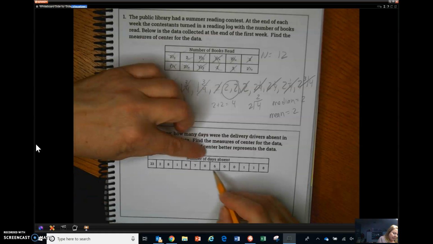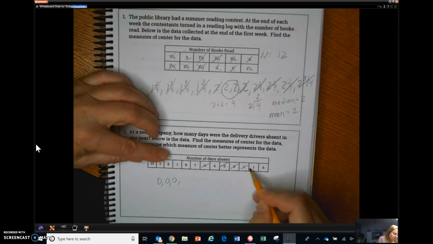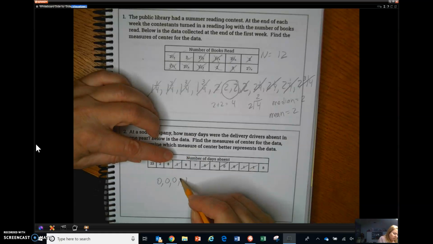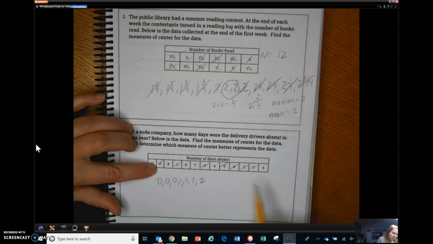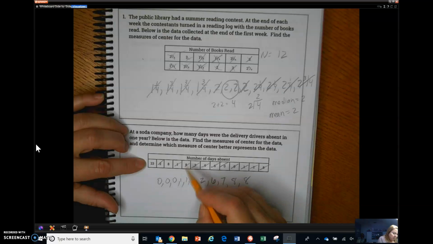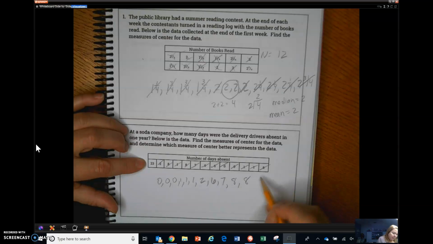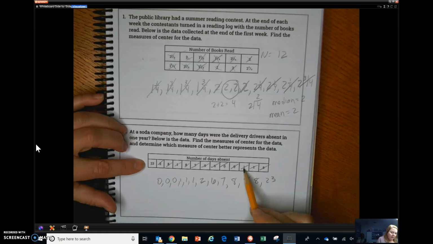I'm going to say 0, 0, 0, 1, 2, 3, 1, 2, 3. We have a 2. Looks like 6 is next. 7, 8, 8, 8, and 23. 1, 2, 3, 4, 5, 6, 7, 8, 9, 10, 11, 12, 13.